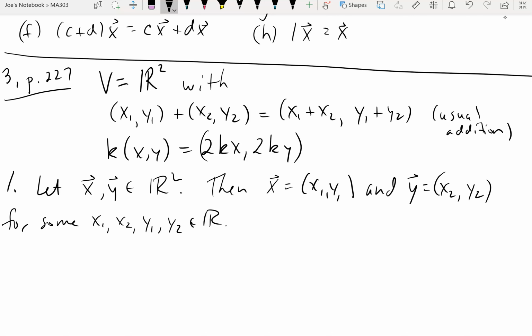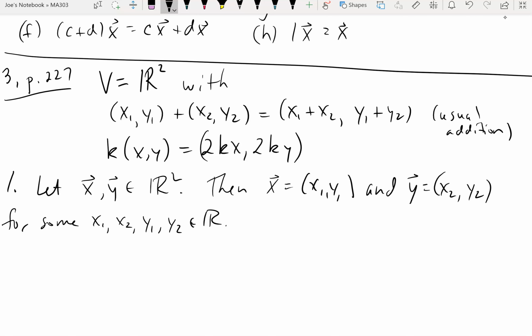That's what it means to be in R2, right? R2 is sets of ordered pairs where each component is a real number. That's all that says. I'm trying to be really specific here of how I'm writing this out. I'll be lazier later.